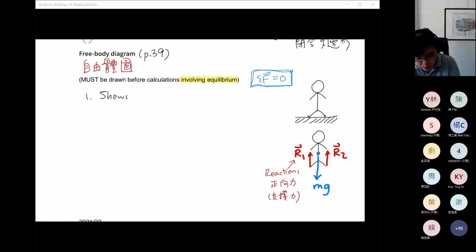So in words, the first one is: a free body diagram shows all external forces acting on a particle or body. Remember this, all external forces. You are not showing some of them, you show all of them.